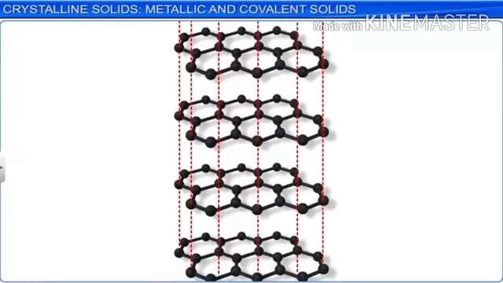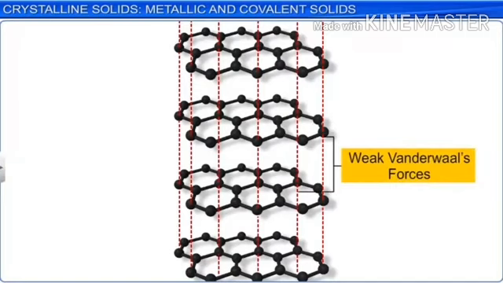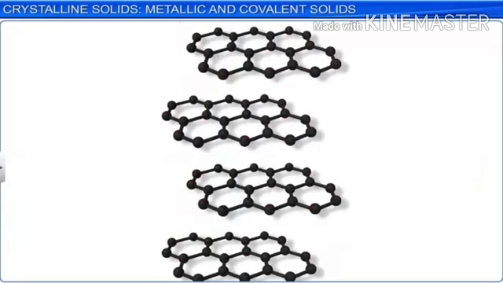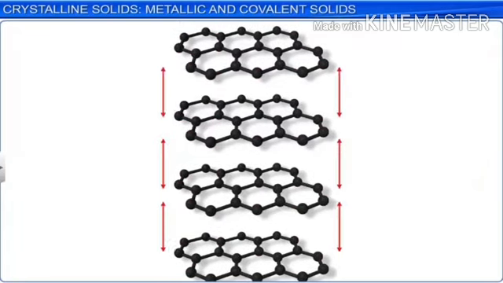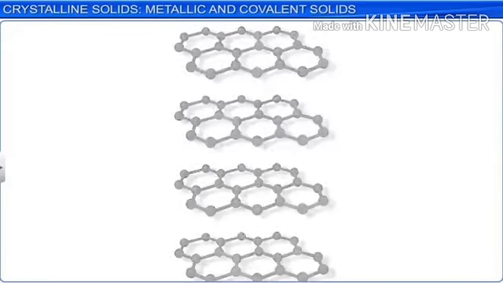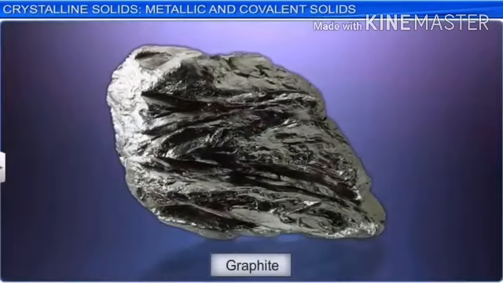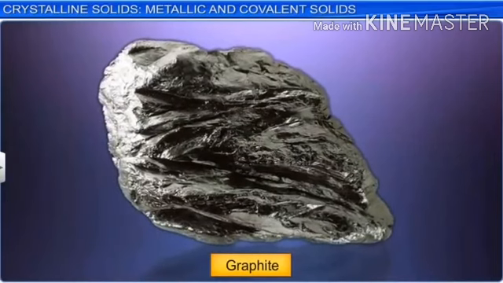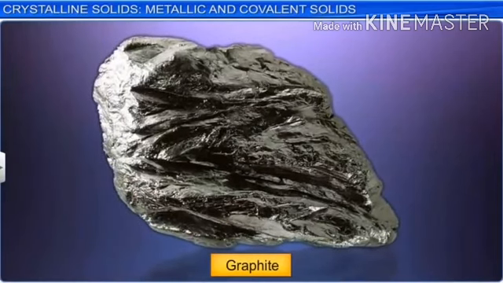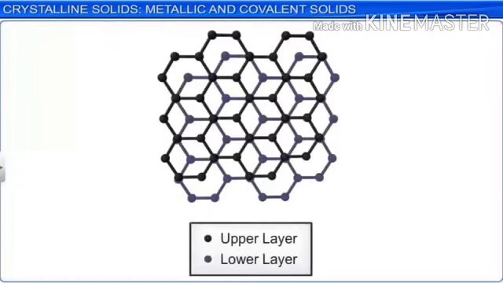These layers are bonded together by weak van der Waals forces. So there are free electrons in graphite, which makes graphite a good conductor of electricity. And the different layers of graphite can slide over one another. This makes graphite a soft solid and a very good solid lubricant also.